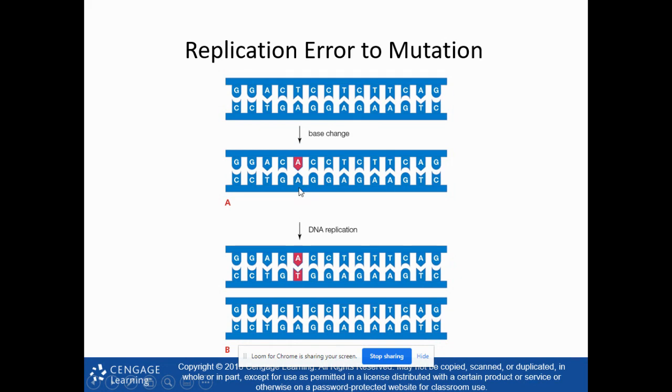But if this mistake is not corrected, once this DNA molecule gets replicated, that's a permanent mistake. This A that should have been T is now permanently A, and this T that should be A is now changed to T. You have a permanent change in this DNA molecule, which will then be replicated for future generations.